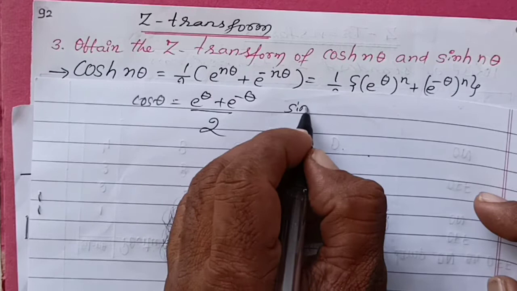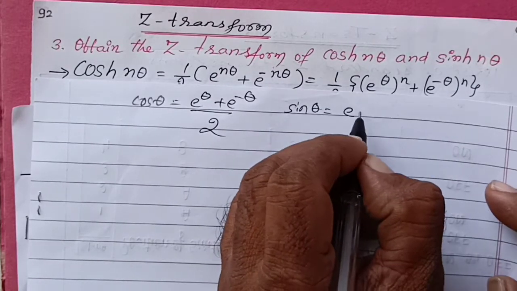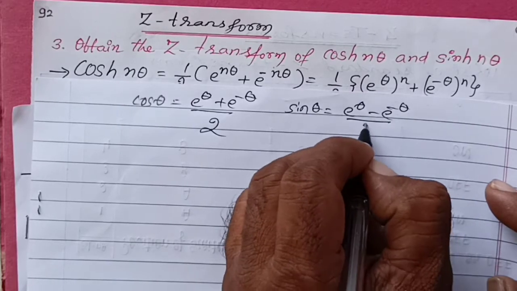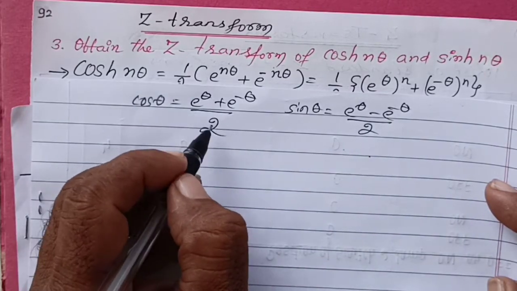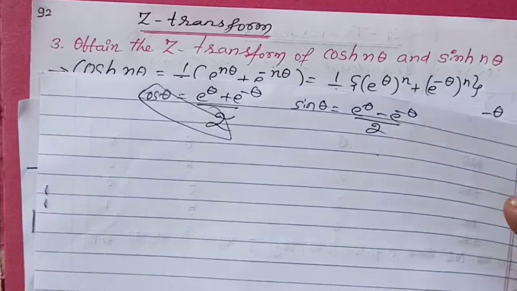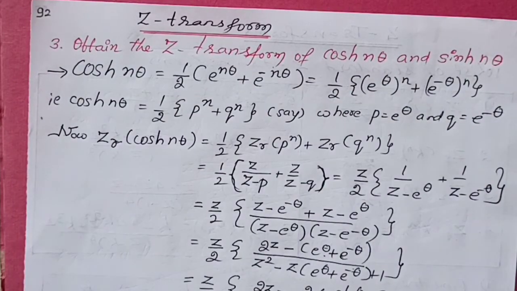And sin hyperbolic theta is e raised to theta minus e raised to minus theta divided by 2. Or we can say 2 cos hyperbolic theta is equal to e raised to theta plus e raised to minus theta.